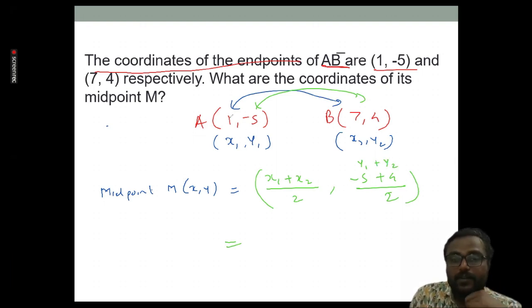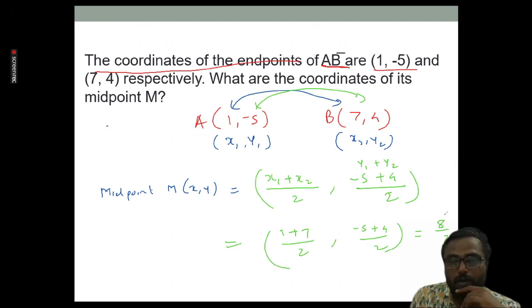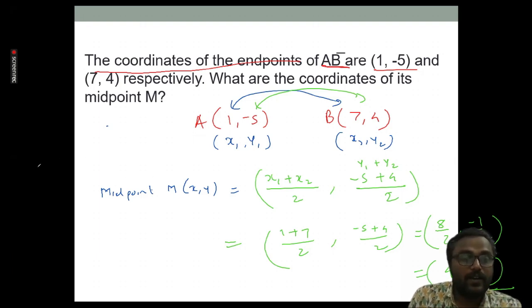So I'll write down 1 plus 7 divided by 2, comma, negative 5 plus 4 over 2. 1 plus 7 is 8 over 2, comma, negative 5 plus 4 is negative 1 over 2. So 8 over 2 is nothing but 4, comma, negative 1 over 2. So this is the midpoint of these two endpoints with the coordinates 1 comma negative 5 and 7 comma 4. I hope you got it.